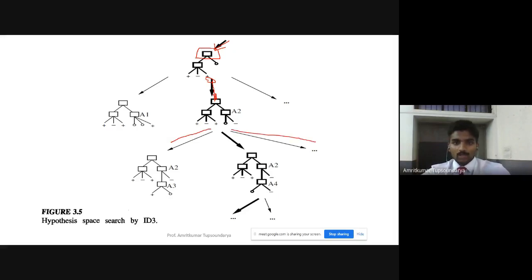So let's say we have one root here, and we have a set of attributes here, attribute A1, attribute A2, and so on. In our case, that is play tennis, we had four attributes: outlook, temperature, humidity, and wind. Depending on which is the best attribute, the flow of the tree starts descending.